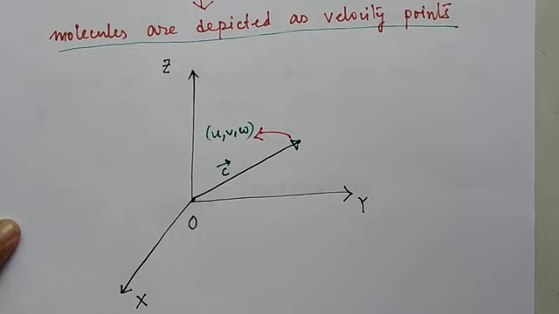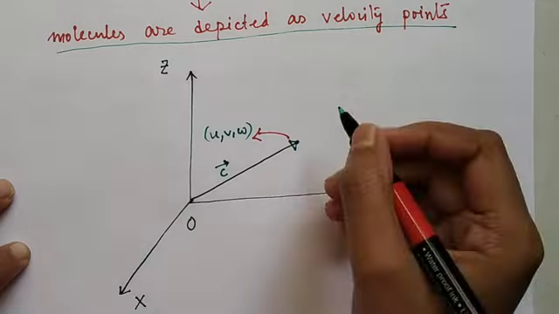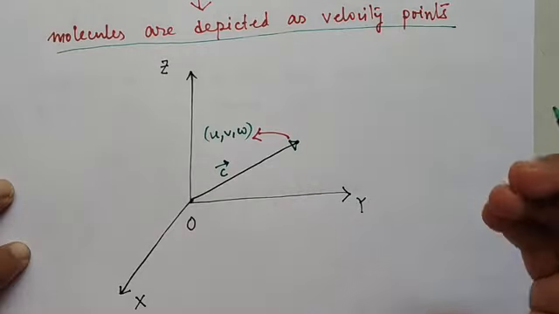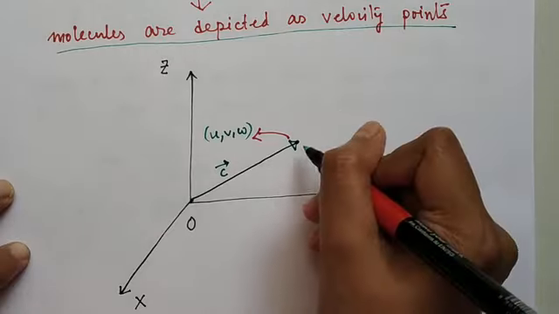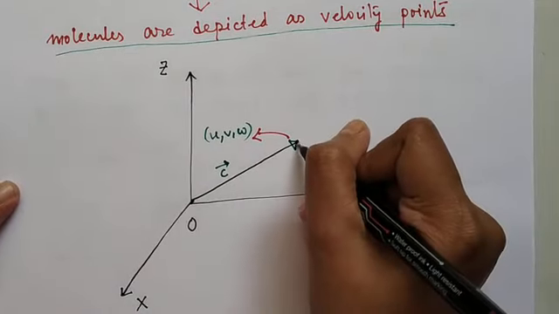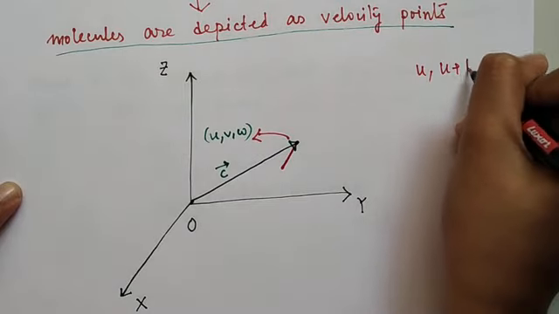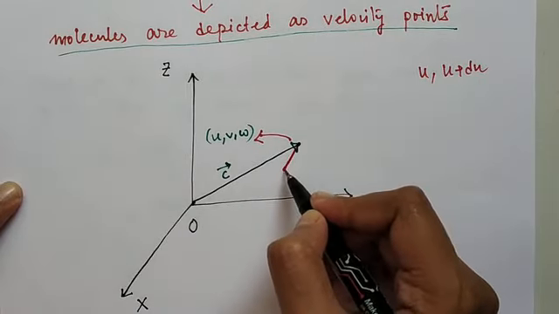But we want to represent the molecules which have their velocity components lying in the range u and u plus du, etc. So the dn molecules have their x component of velocity lying in the range u and u plus du. So from u we go an extra du along the x-axis.